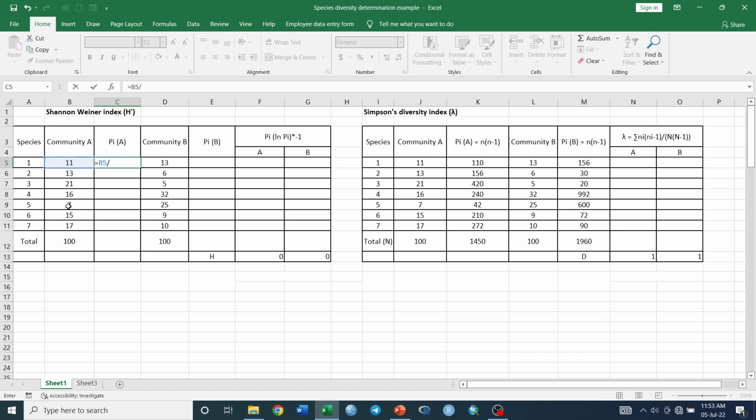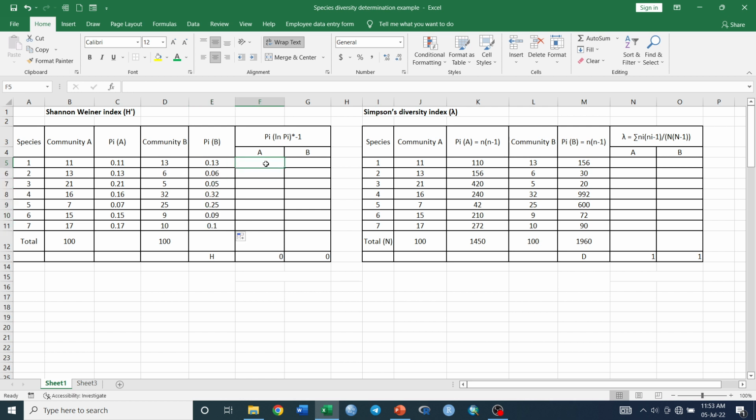We freeze this cell to use it for all other species cells, and drag the formula down. Apply the same procedure for community B.